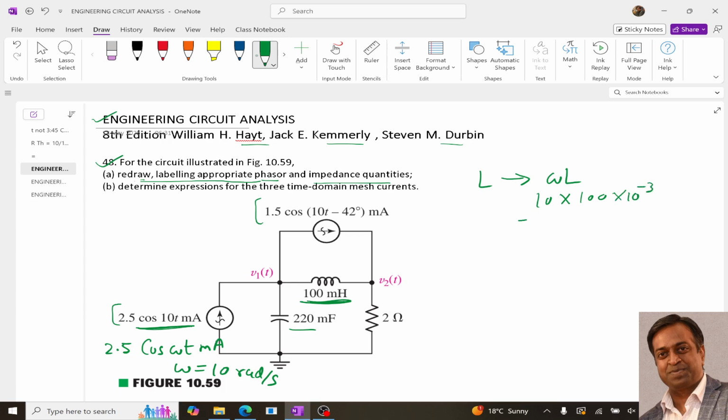So it is equal to 1 ohm, right? And this is not omega, this is J, so J will also be there. So this will become our J omega, right? So simply we can replace this 100 milli Henry with J omega, right?